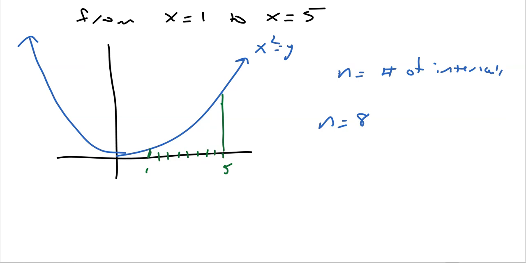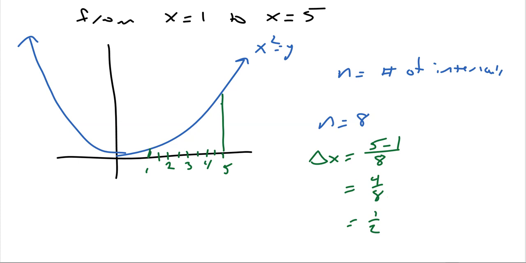So if we want to know the width of our intervals, that's what we usually denote as delta x. And we're just going to take the right endpoint minus the left endpoint and divide it by how many intervals we want. So that would be 4/8, so 1/2. So each of our rectangles has a base that's 1/2 unit long.